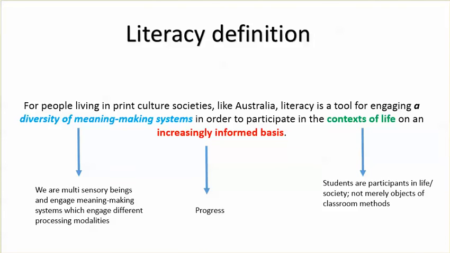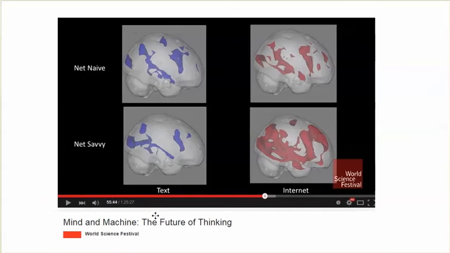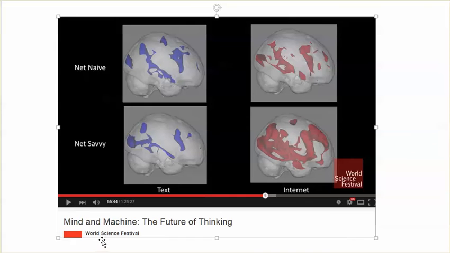But before I move to categories, I'll just show you the results of this beautiful experiment. I've got the paper as well, but this was reported in this particular session, Mind and Machine, the Future of Thinking. And what they reported in this particular colloquium during the World Science Festival, which happens every year in New York.